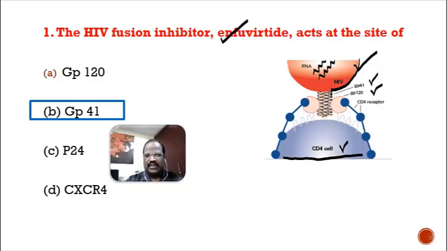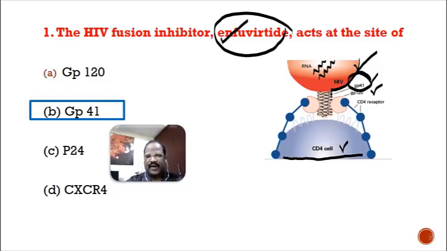Now, the first point is enfuvirtide is the fusion inhibitor binding with GP41, thereby not allowing the HIV virus to fuse with the CD4 cell. That is not allowing the virus to join with the CD4 cell. That is fusion inhibitor.